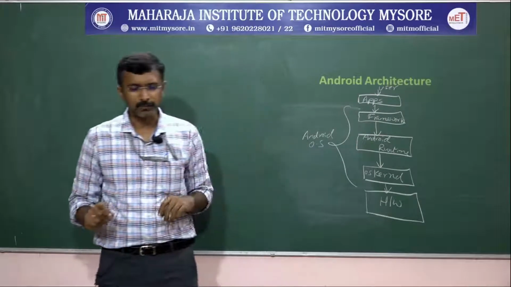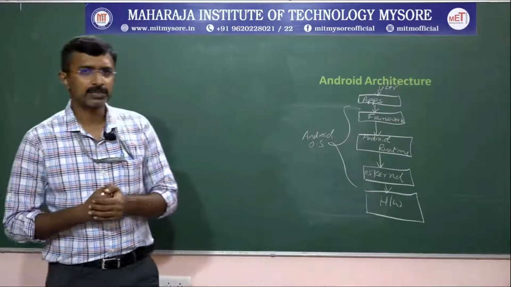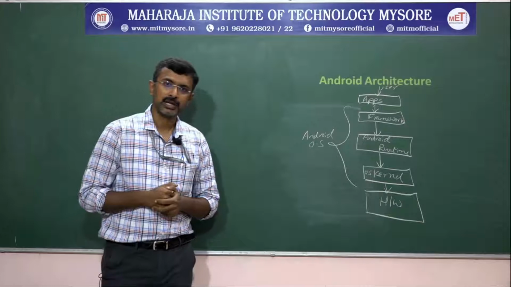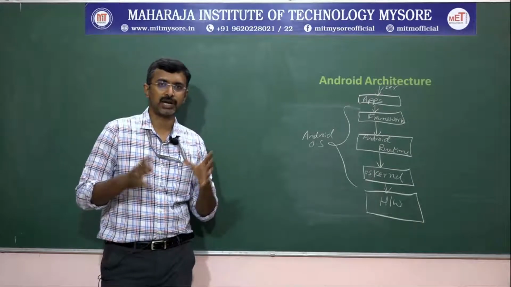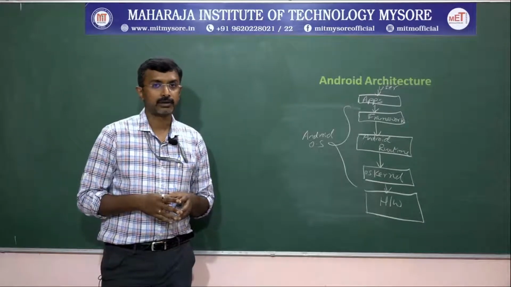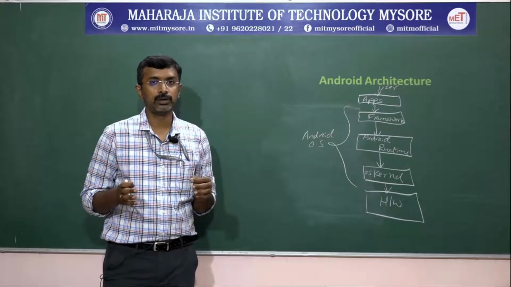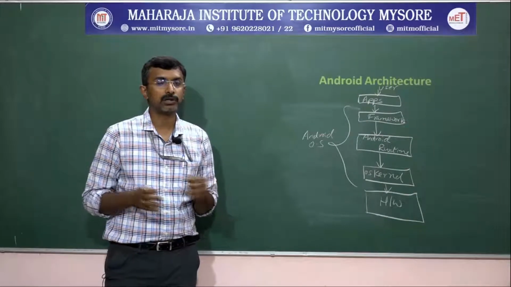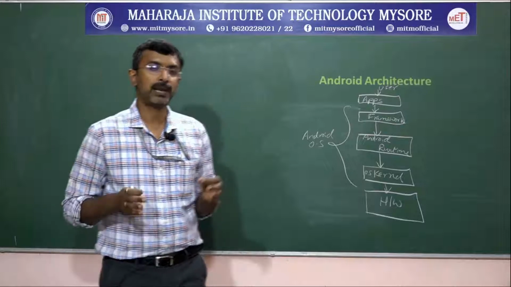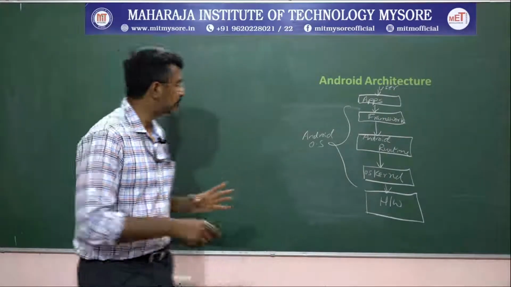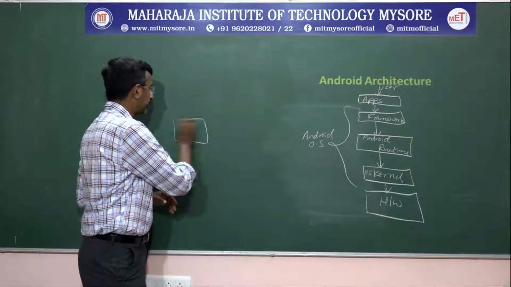Here we need to spend time, it is very important. What is a runtime actually? The runtime concept came with Java. In fact, Java was so powerful it killed the other languages because it was platform independent, which means irrespective of the hardware.